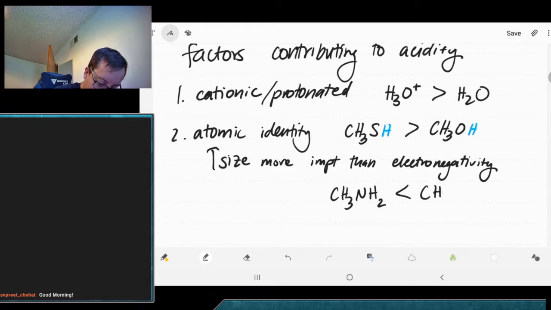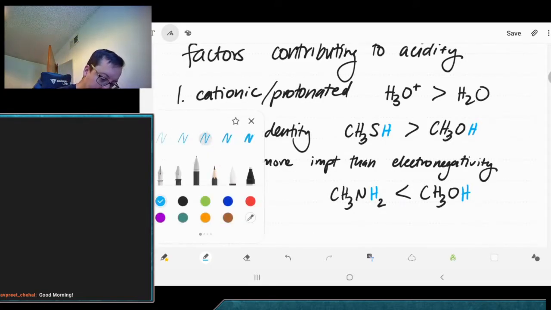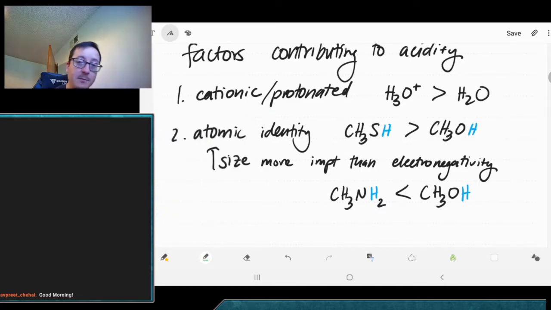we're going to see if we compare similar compounds here. Whatever, I'll put one of those as the acidic one. When we're comparing those two, we see that in this case the electronegativity is going to be the winner because they're in the same period as each other. And in the case of the above example, we saw that the sulfur is much, much larger than the oxygen, and that's the more important factor when considering the acidity of the methyl sulfide there.